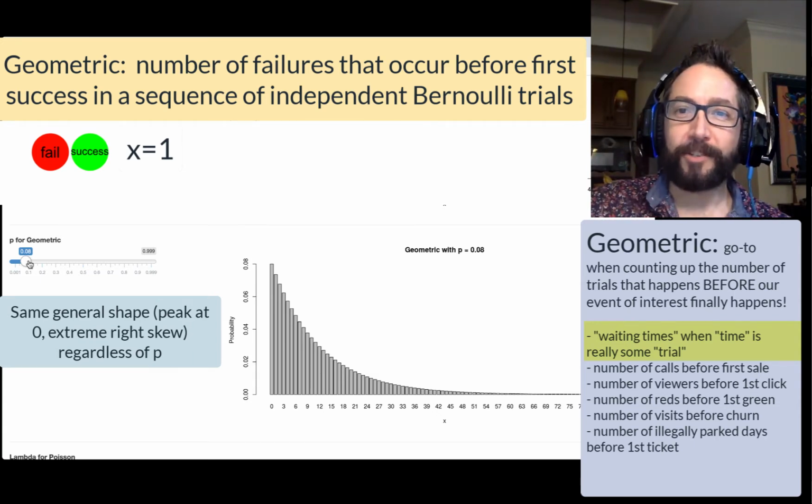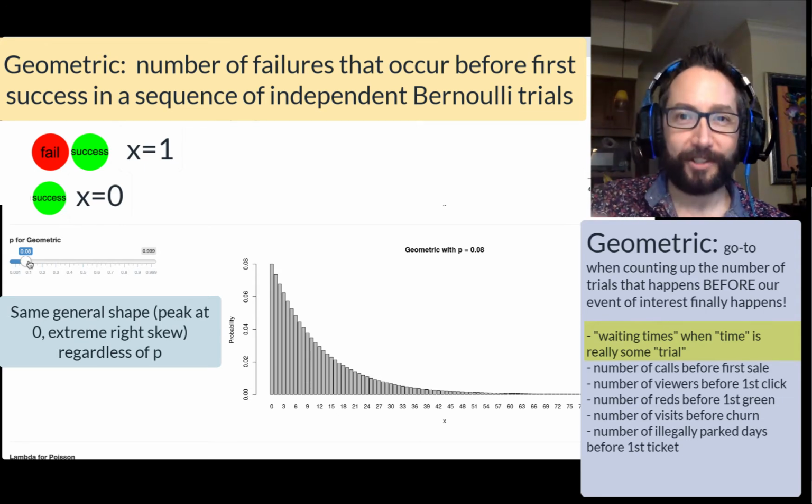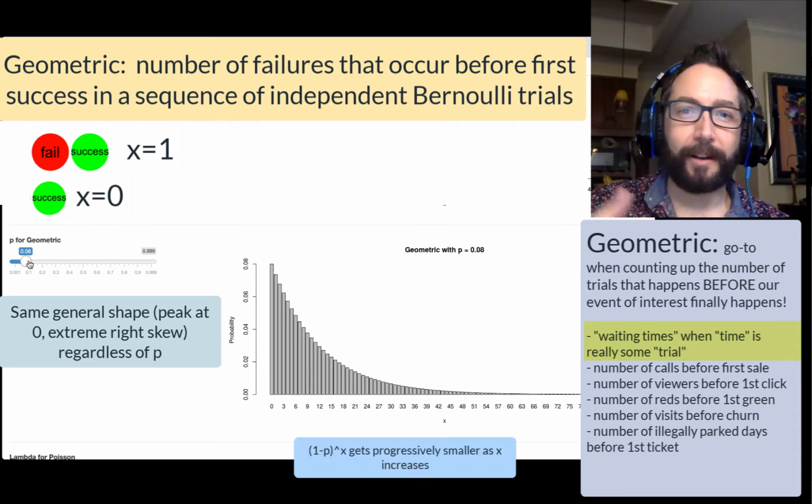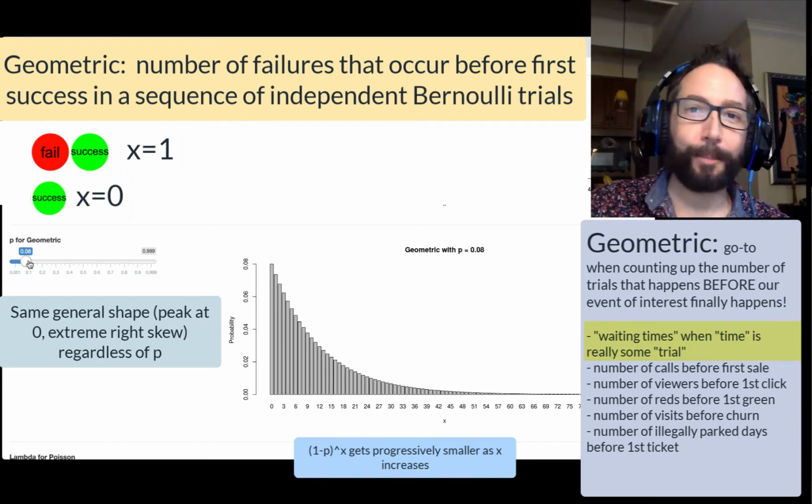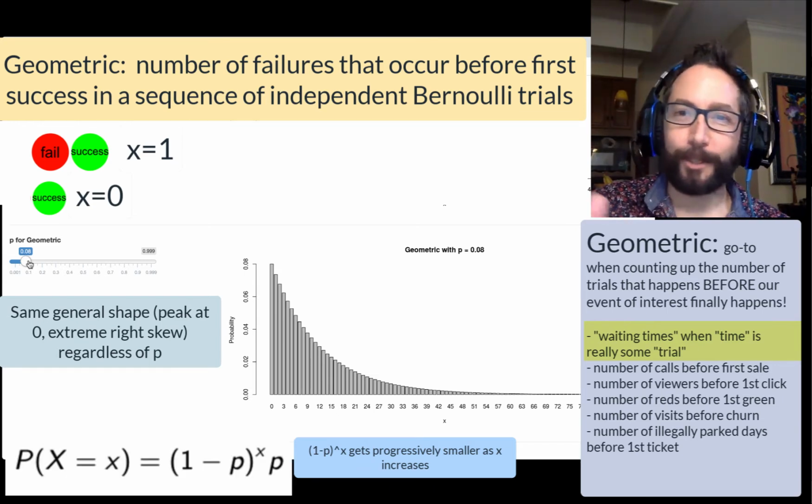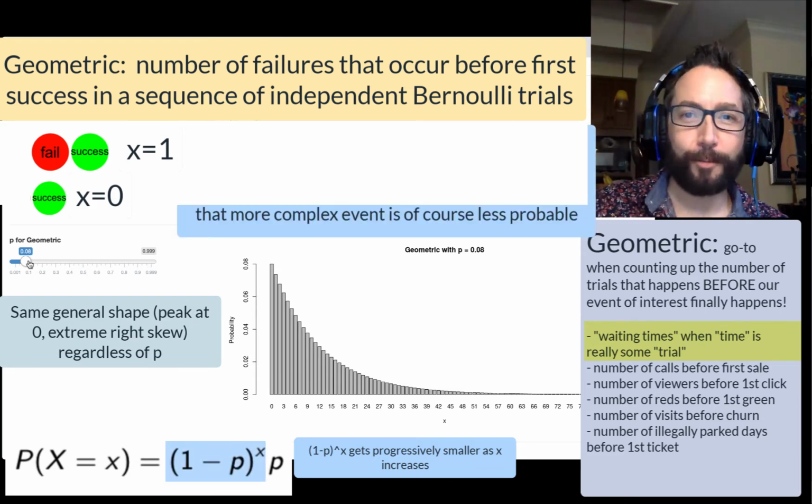If I had an x equal to 0, only 1 thing has to happen, essentially success on that very first trial. So because larger values of x correspond to more complex events happening, whenever a combination of events are occurring, I'm multiplying together probabilities, they're all between 0 and 1, and that product is going to get progressively smaller and smaller.